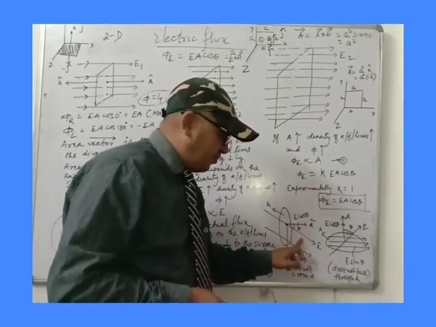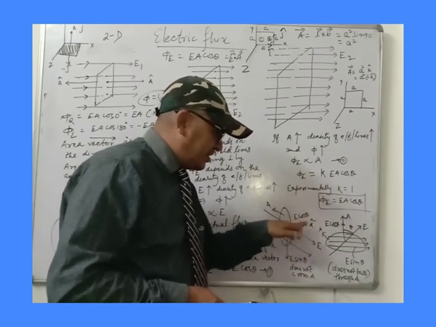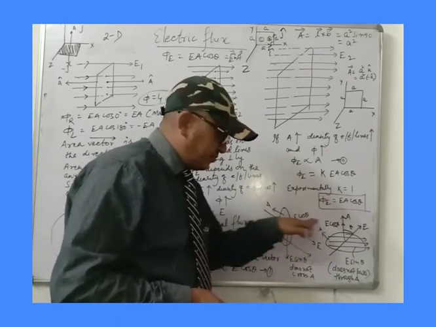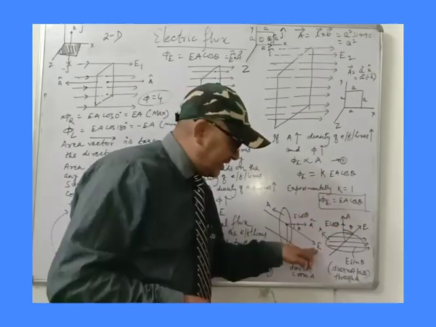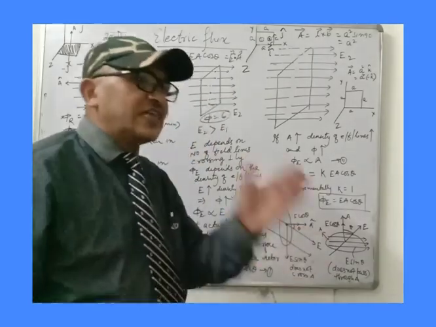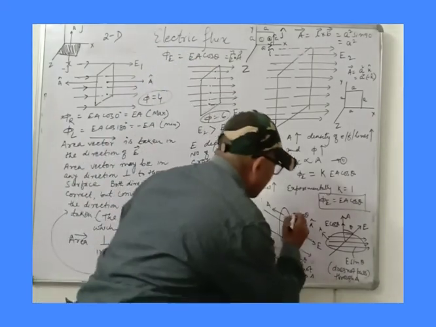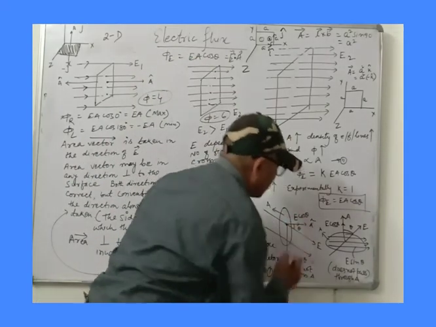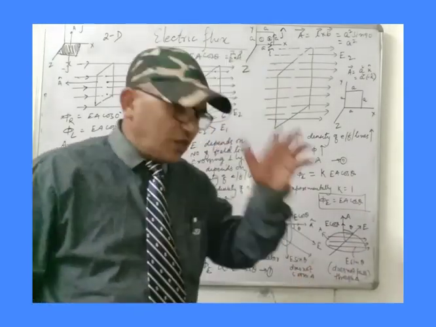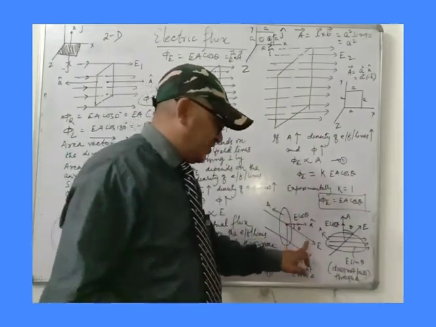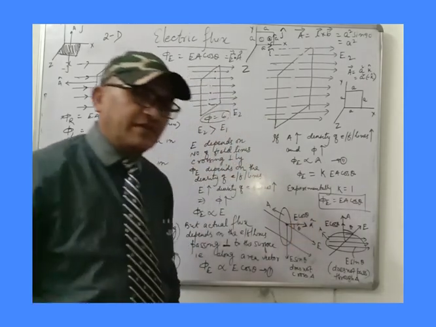So we need to find the component of the electric field along the area vector, that means perpendicular to the surface, because the area vector is already perpendicular to the surface. That component is E cos theta, the horizontal component, which is along the area vector.